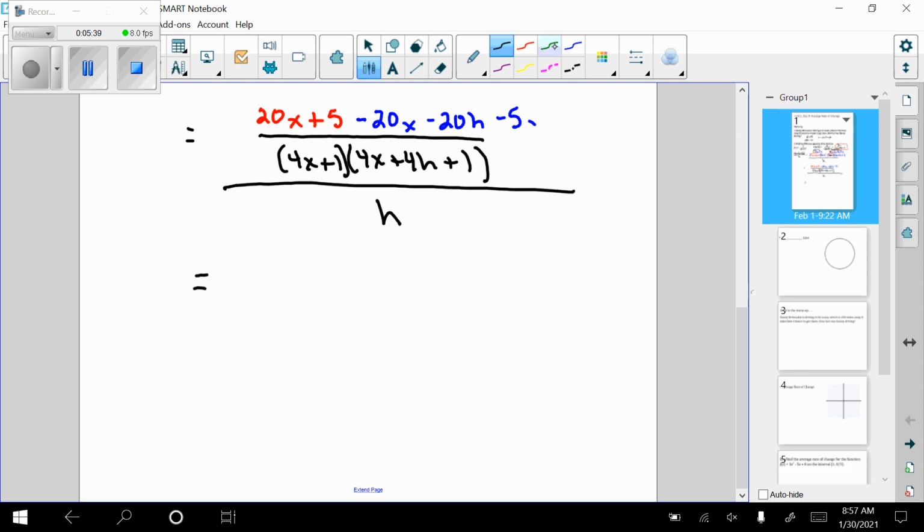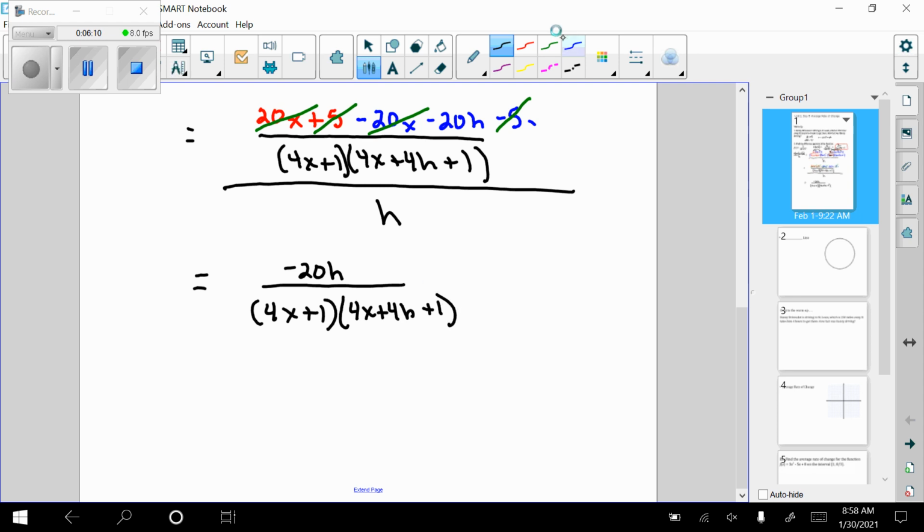If you recall from yesterday's notes, you should be able to cancel everything in this numerator that doesn't have an h with it. So I can cancel out my 20x and my 5s, and I'm left with negative 20h over the denominator 4x plus 1 times 4x plus 4h plus 1.